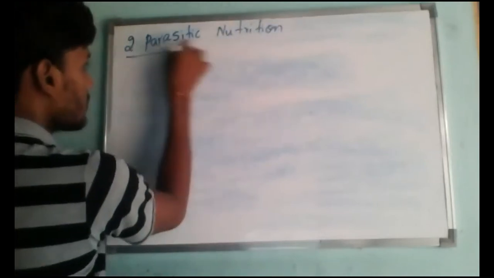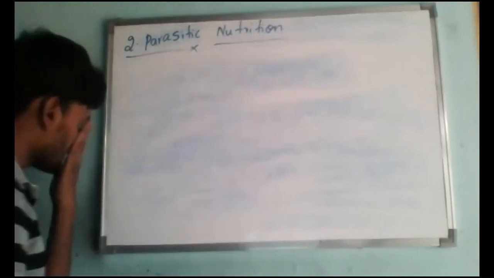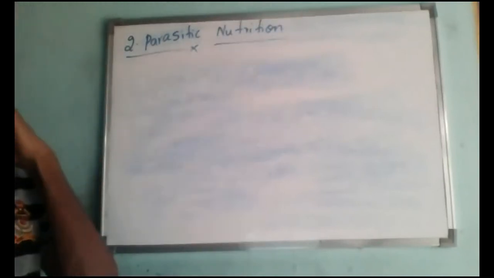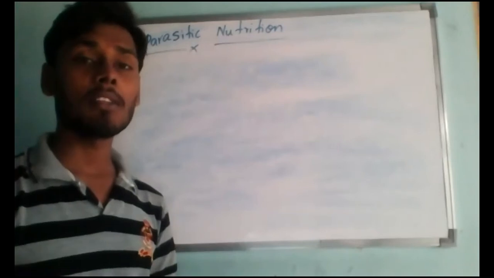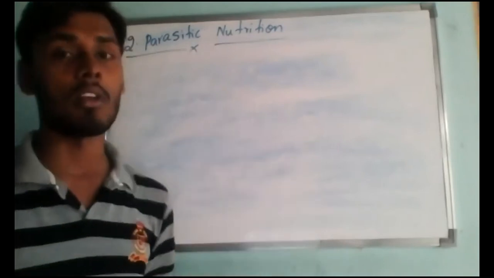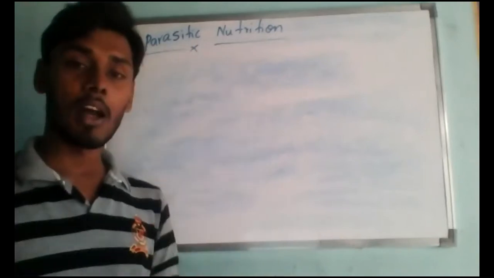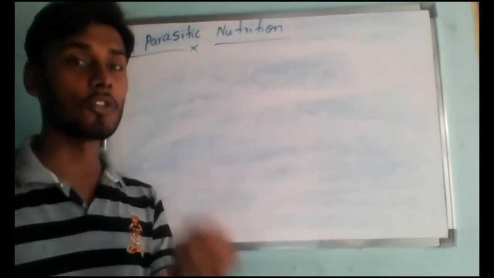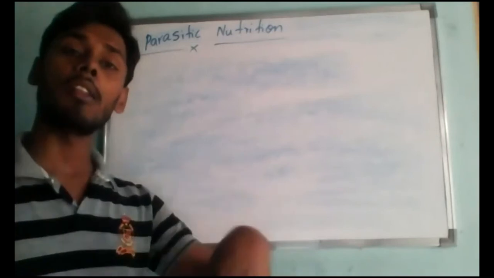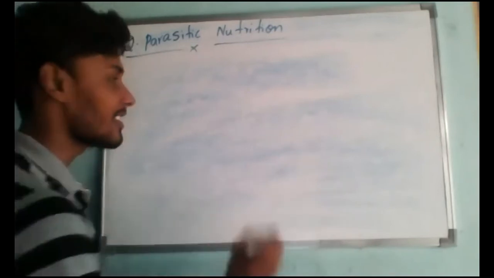So let us come to the meaning of parasitic nutrition. Parasitic nutrition is the nutrition in which an organism derives its food from the body of another living organism.